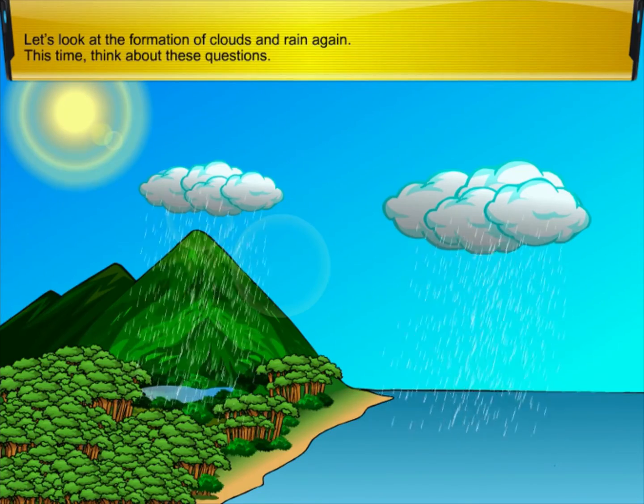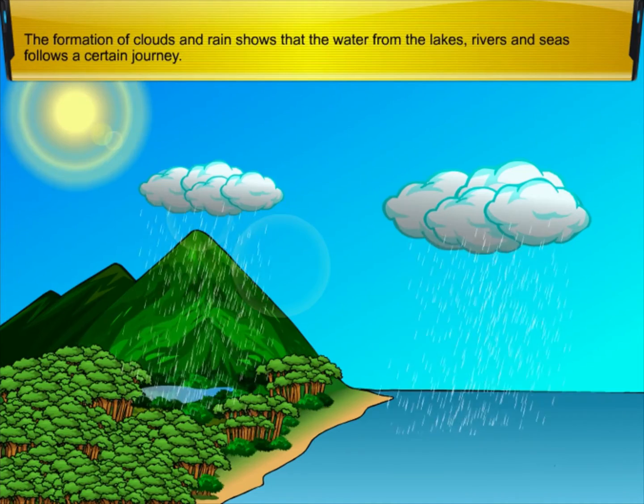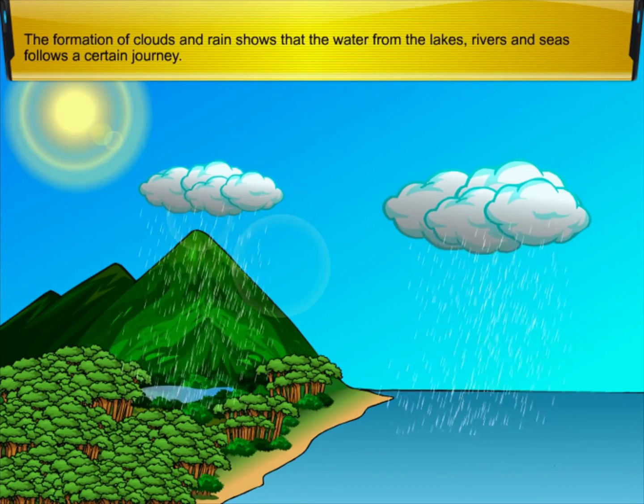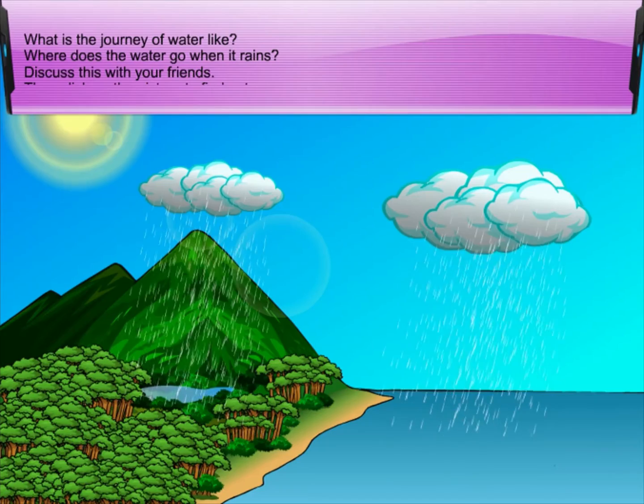This time, think about these questions. The formation of clouds and rain shows that the water from the lakes, rivers, and seas follow a certain journey. What is the journey of water like? Where does the water go when it rains? Discuss this with your friends. Then click on the picture to find out.